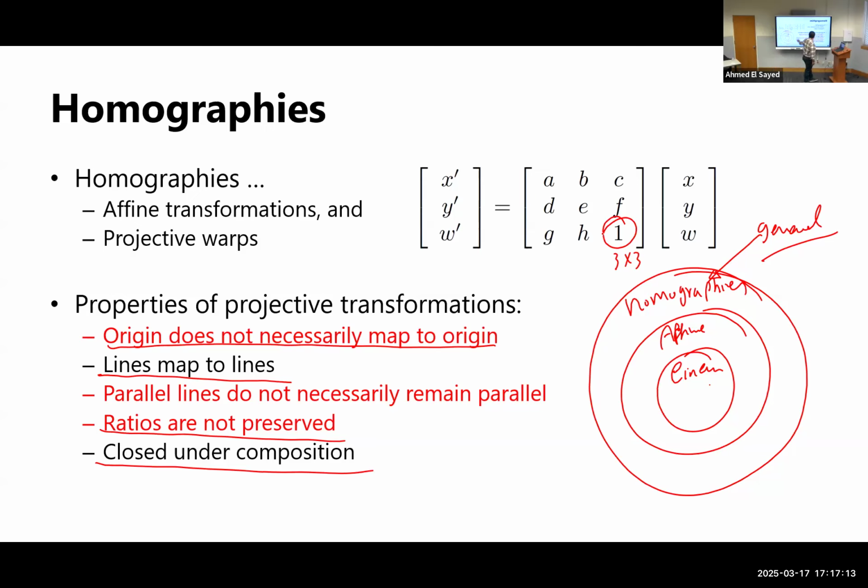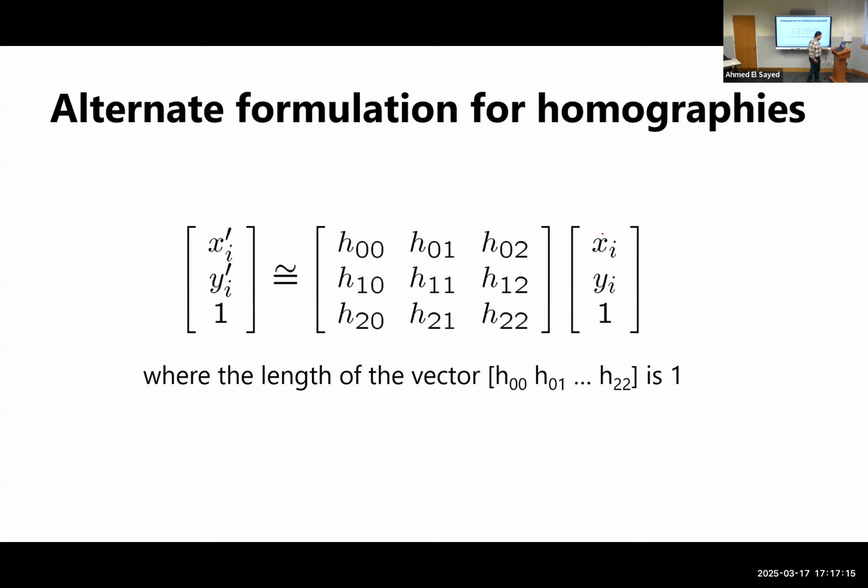Can we change it to another value? They said, yes, we can. So we can put a general value like the others. But in this case, the length of the vector that includes all those items must equal 1, which means those values must be normalized.